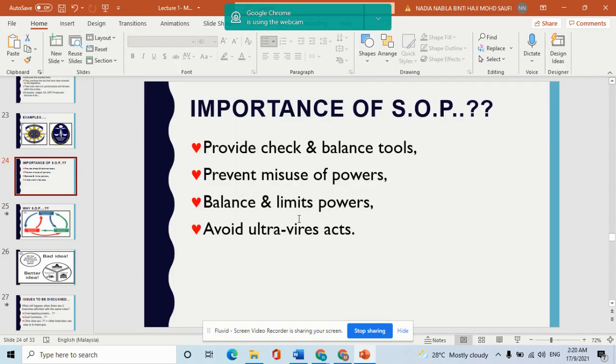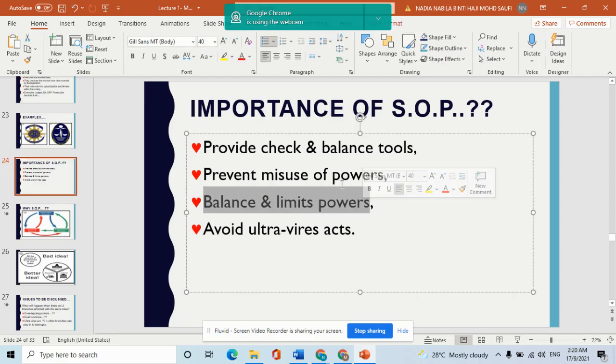It is decentralized into many places. So it is very difficult for the ministers or any ministries to misuse their power. Third, balance and limits power, as explained in the previous point.